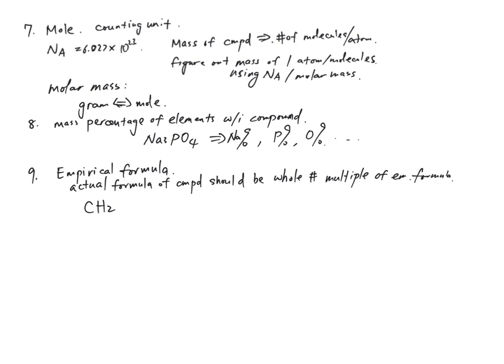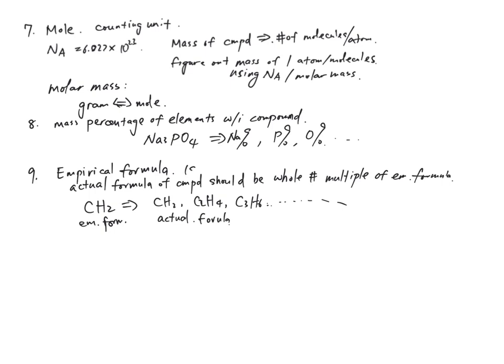Your actual chemical formula, your actual molecule could be, so empirical formula is CH2. Your actual formula could be a bunch of possibilities. It could be CH2, it could be C2H4, it could be C3H6, C4H8, the list can go on and on, okay?